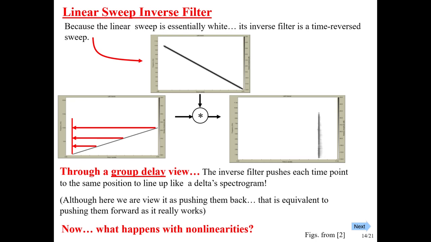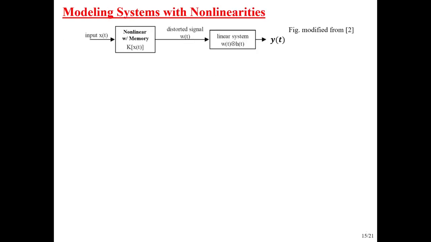Now, what happens with nonlinearities? We claimed that these sweeps help us when there's nonlinearities involved. So first we need to understand how to model a system with nonlinearities, whether it's the system under test or just part of the measurement system. But let's just look at a system. This is not one that we're measuring or measuring with, but I've got an input and I've got an output.